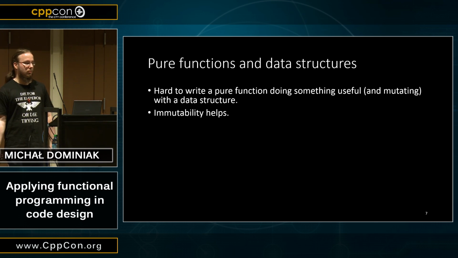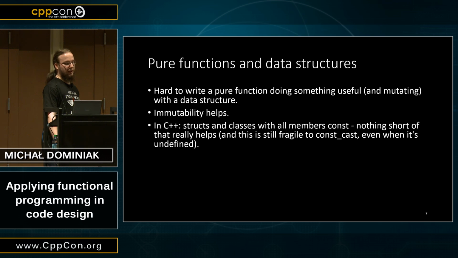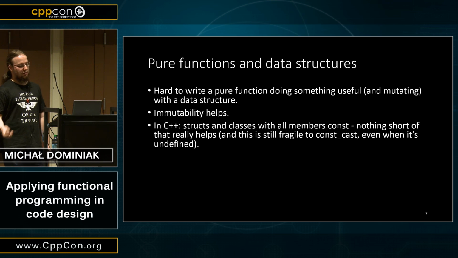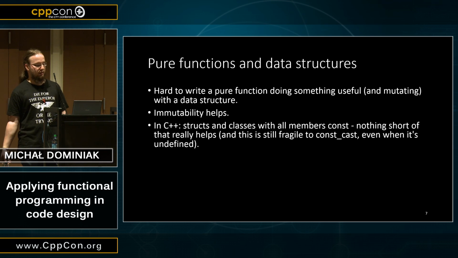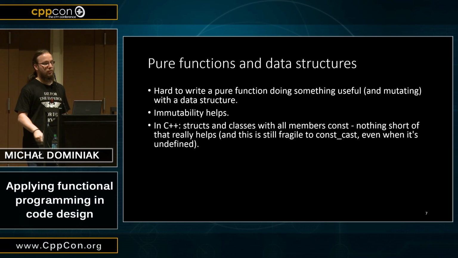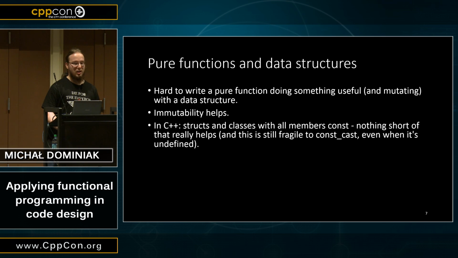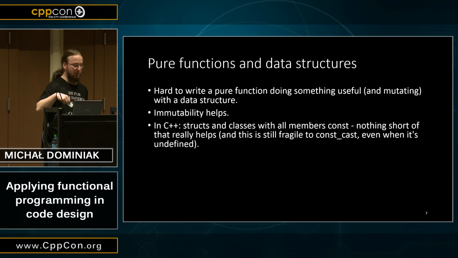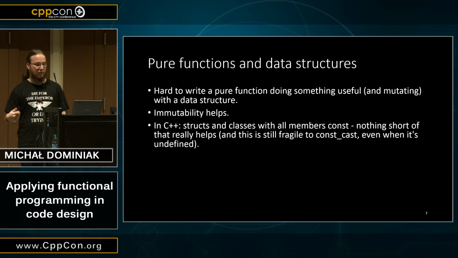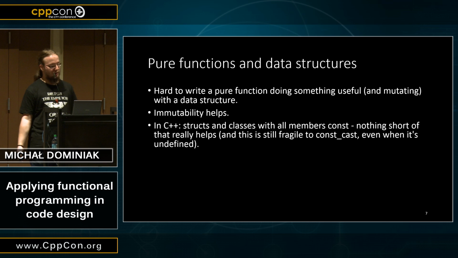So immutable types, which we can have in C++. Probably the best way to get them in C++ is to declare a type with all of its members const. Of course, this may be worked around with const_cast, which causes undefined behavior, which we don't care about because it's undefined.